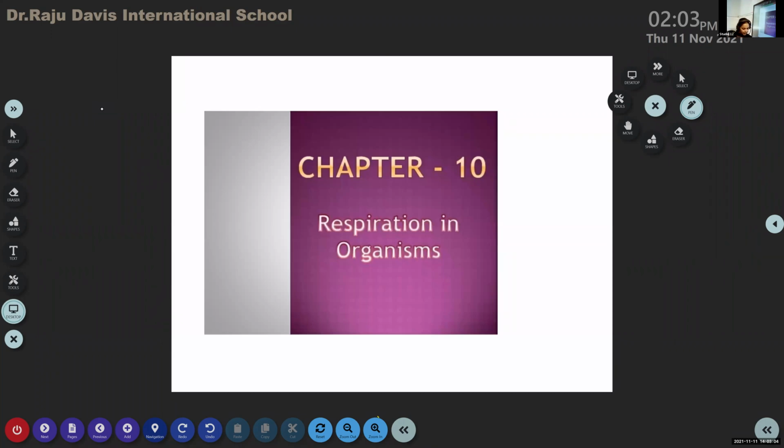In between, you can find 2 more chapters which are not included for the exam. Chapter 7, weather, climate and adaptation of animals, is not there for the exam. Chapter 8 and chapter 9 are also not included. So after physical change, chapter 6, the next one is chapter 10, respiration in organisms.